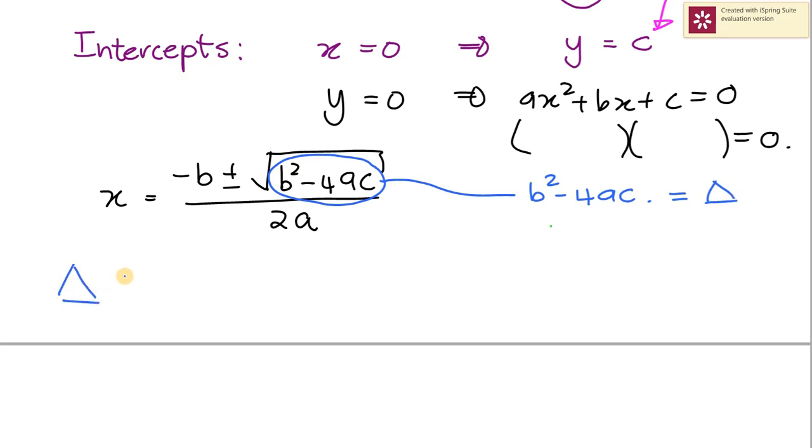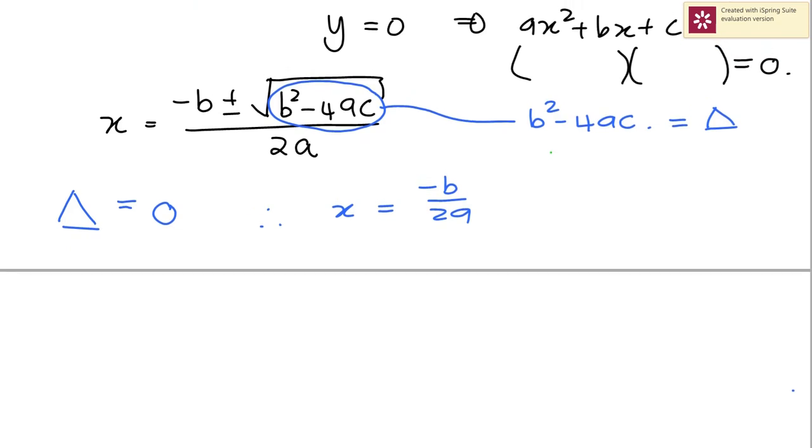If the discriminant is equal to 0, then it's clear what happens is I end up just with x equal to minus b over 2a. So if x is equal to minus b over 2a, then it means I've only got one root. Clearly, if I sketch that, it means that the parabola touches the x-axis wherever.